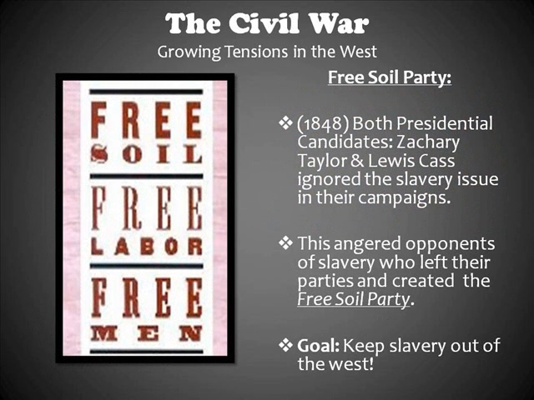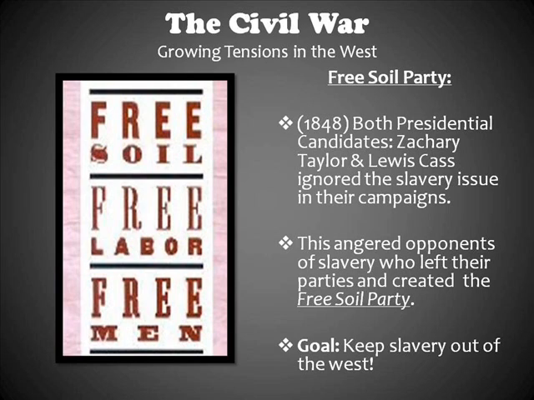And some individuals grew so frustrated with their candidates for president that they formed their own party. In 1848, the Whig Party selected Zachary Taylor, a Southerner and a hero of the Mexican-American War, as their candidate. The Democrats chose Senator Lewis Cass of Michigan. Both candidates ignored the slavery issue, and this upset their voters.